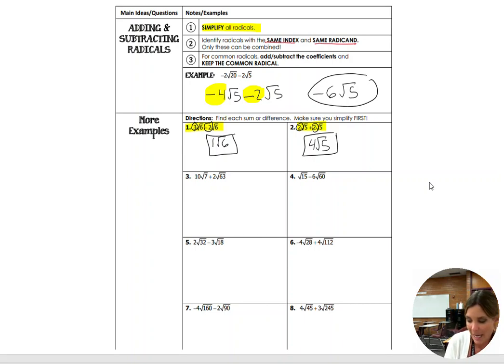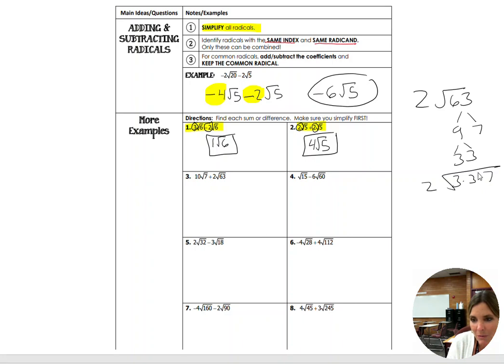But then if we take the 2 root 63, I'm going to do that by hand right here while you guys are typing that one in your calculator. So 63 would factor to 9 and 7 and 3 and 3. So 3 times 3 times 7. We have a 2 out front. We have a pair of 3s. So those 2 3s come out front as 1 3.